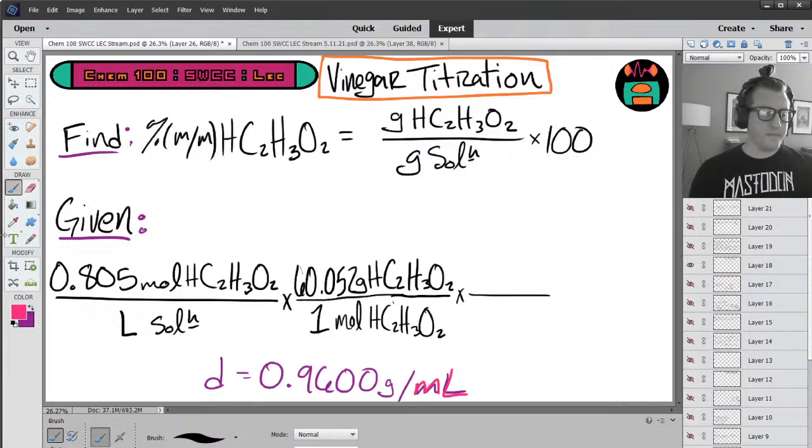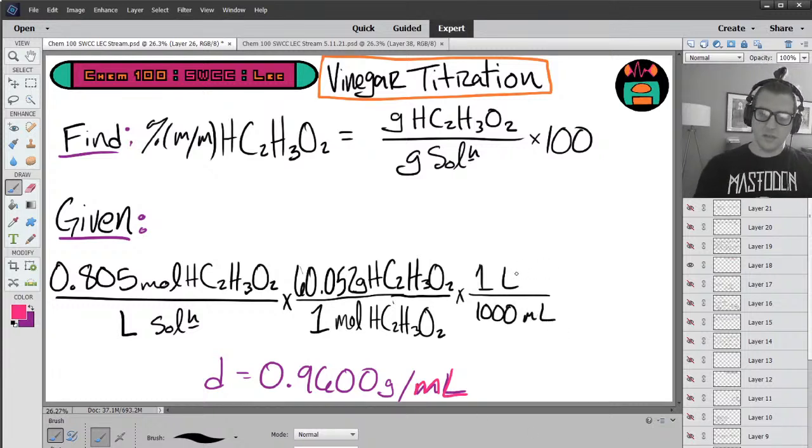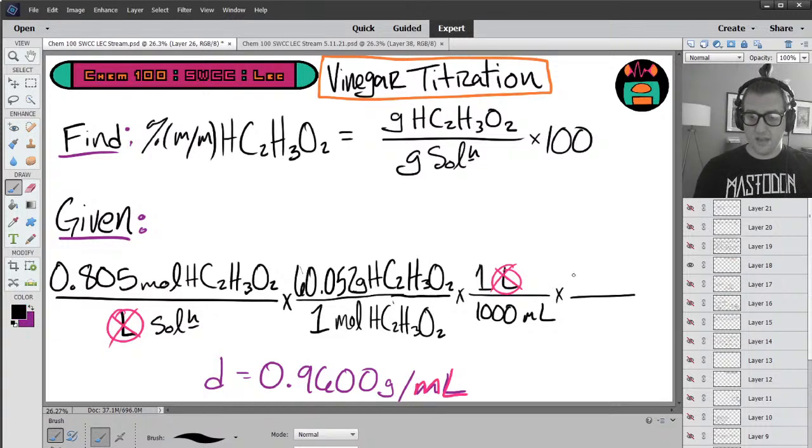All right, so 1 liter is 1,000 milliliters. So liters cancel. Now that we have milliliters in the denominator, we can use our density, where we want to put milliliters in the numerator to cancel, and 0.9600 grams in the denominator.